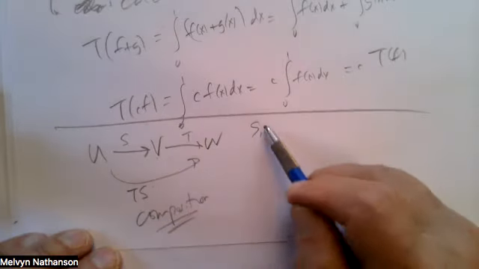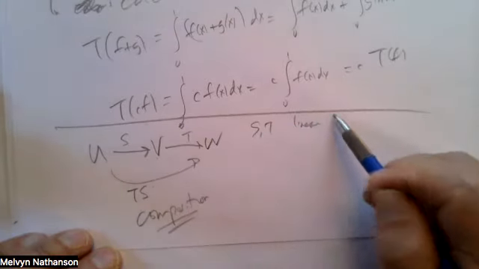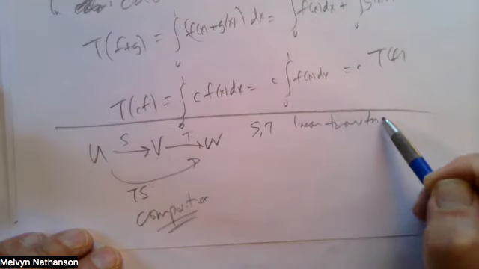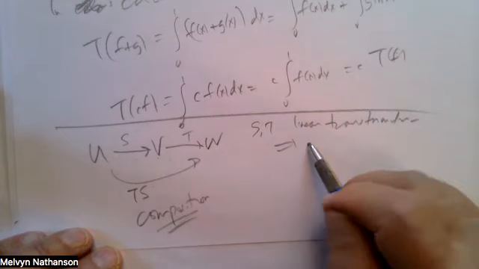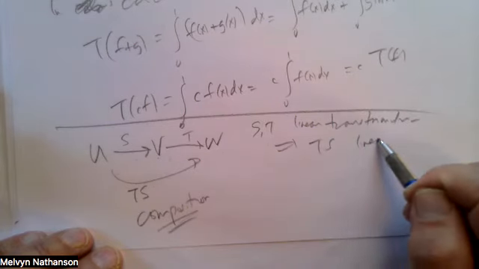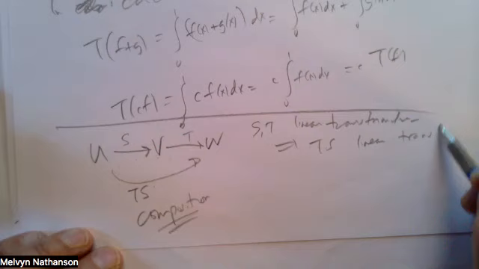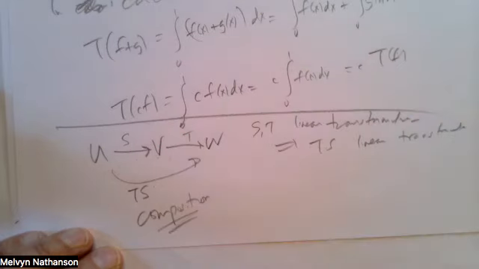So I claim that if S and T are linear transformations, then TS is a linear transformation. And how do we prove that?